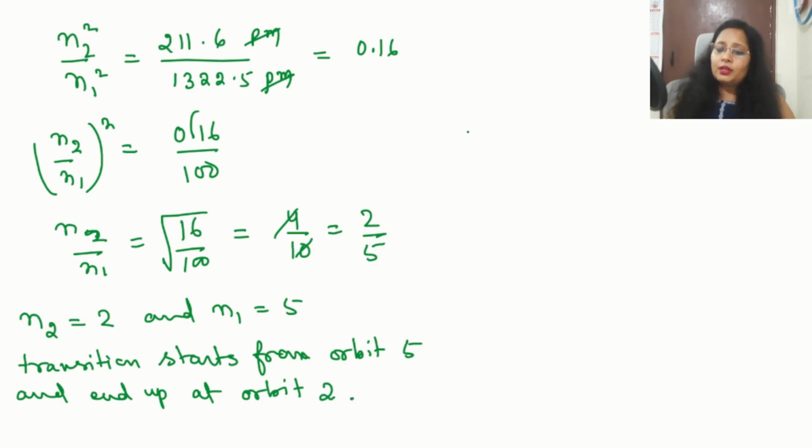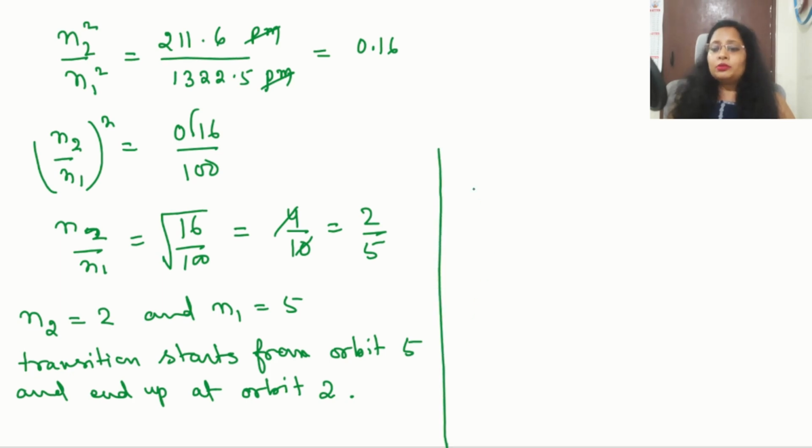If the transition ends at orbit number 2, it means it creates the Balmer series. So we found the first answer, that the series is the Balmer series.